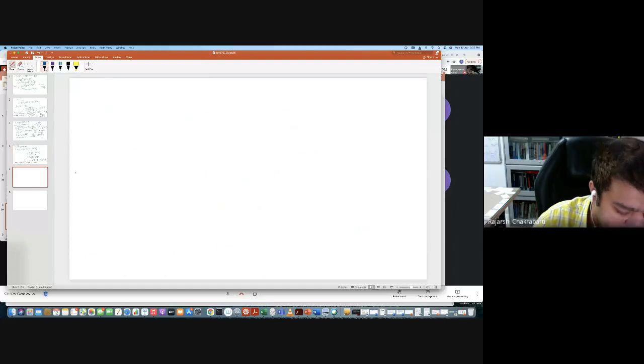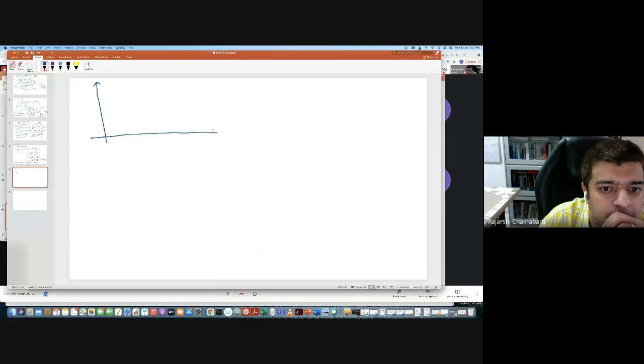So basically, if I plot this as a function of gamma, what should I get? Something like this, isn't it?